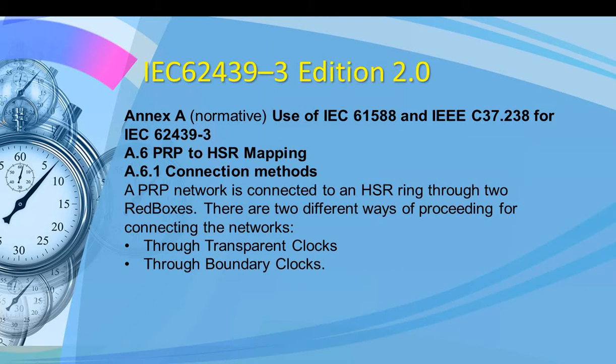As I said, IEC62439-3 edition 2.0 is the first time 1588 was introduced. The clause Annex A introduces the whole requirement of how to use 1588, and IEC 37238, for the IEC 62439-3 network.